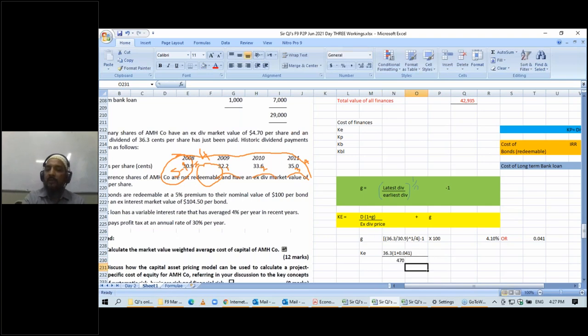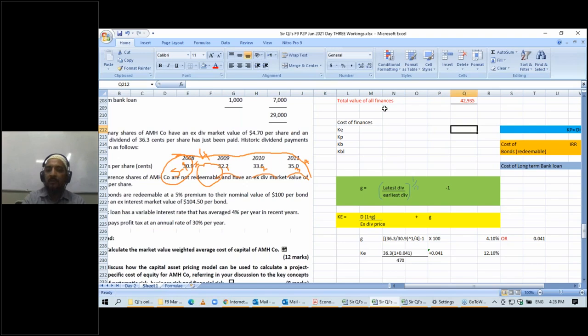Actually 36.3 dividend is in cents, so I have to take the market price also in cents. And then the growth rate is 0.041. Now this gives me the cost of capital, which is 12.1% approximately. So this gives me 12.1%.